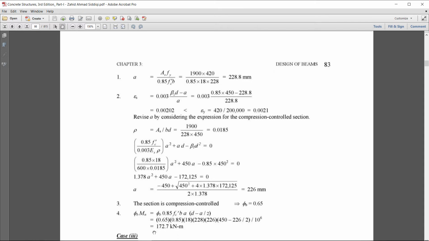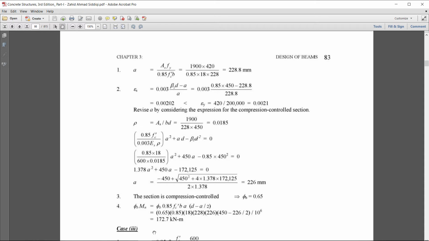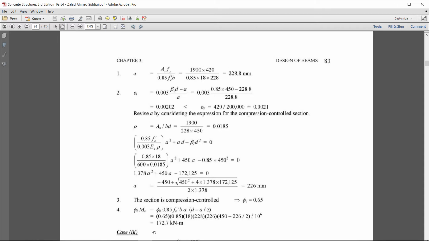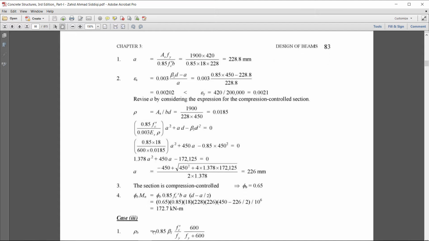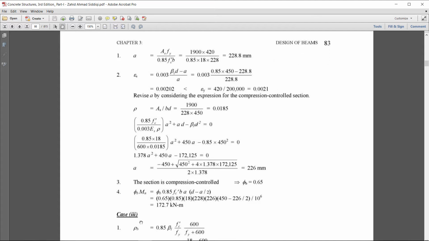Now in the third part, the question asks to calculate the moment capacity based on balanced failure. First we will calculate rho balanced. We also did the derivation for rho balanced in the slides. Here is the rho balanced formula: 0.85 beta 1 Fc prime over Fy, times 600 over Fy plus 600.